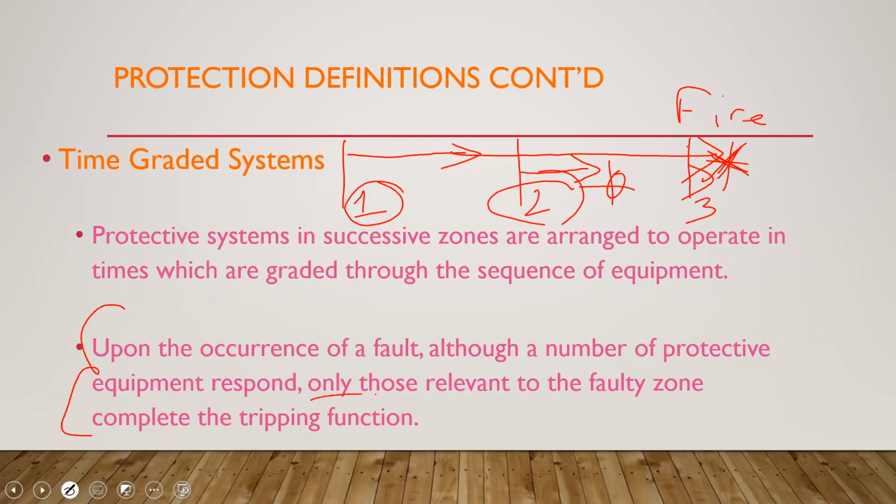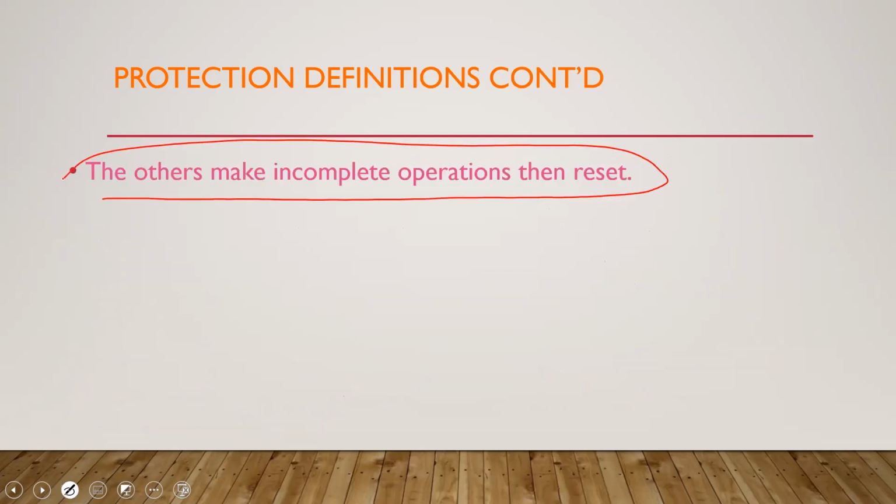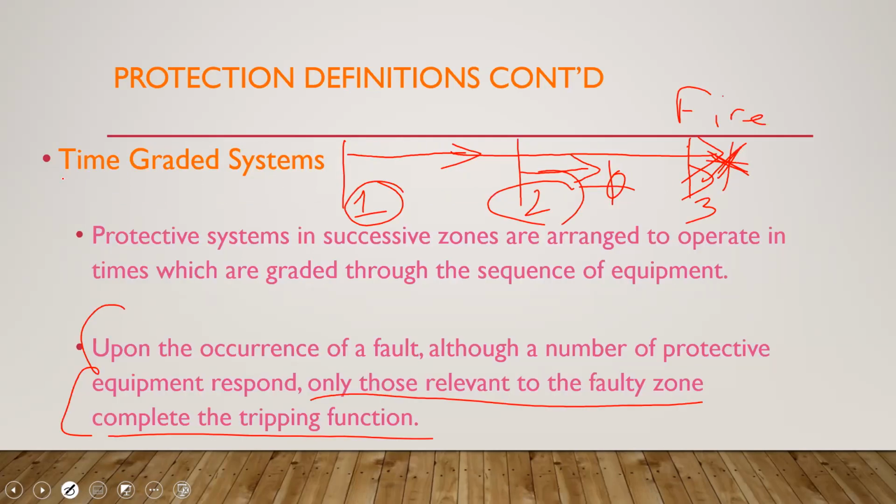Only those relevant to the faulted zone will complete tripping. And what happens after that? The others make incomplete operations and reset. So if I go back to my fire example, if Firehouse 2 puts the fire out, then the guy at Firehouse 1 goes back home.